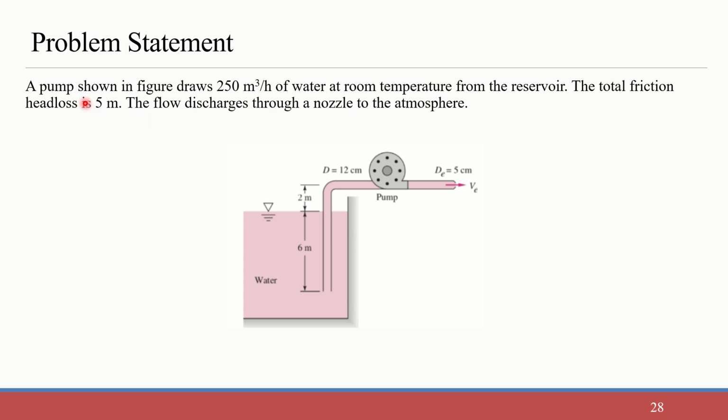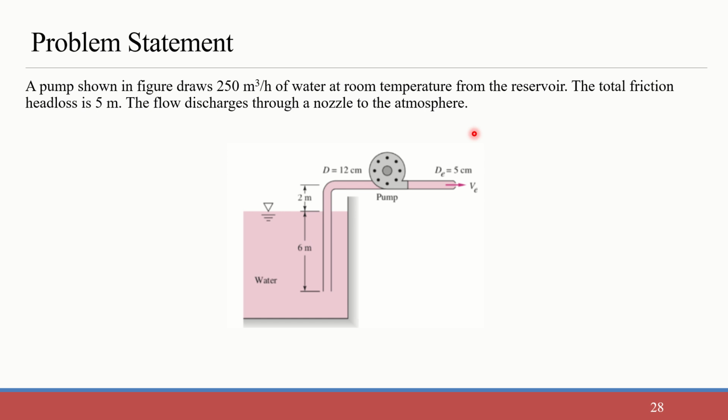So we are given a pump that draws 250 meter cube per hour of water at room temperature from the reservoir. The friction head loss is 5 meter, and we have a nozzle which discharges the water to the atmosphere. So this is what is given in the question.